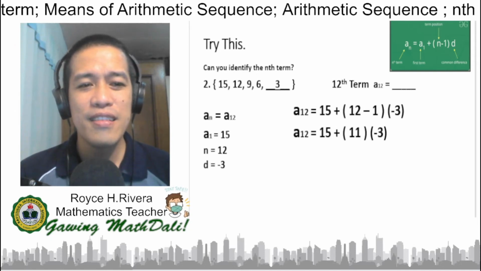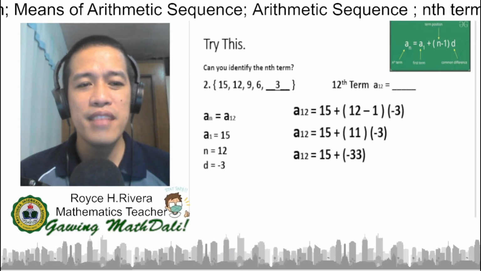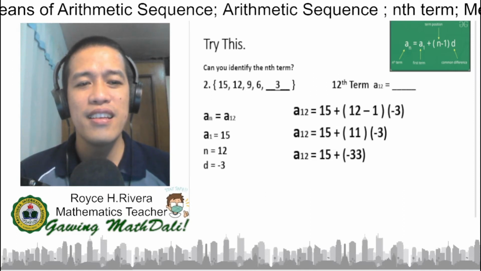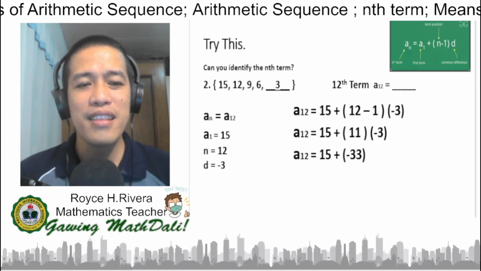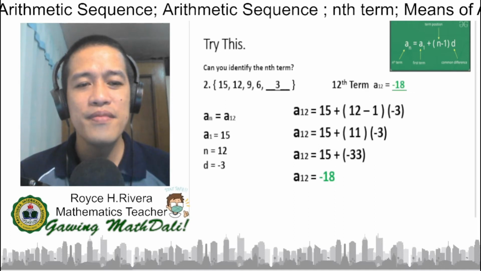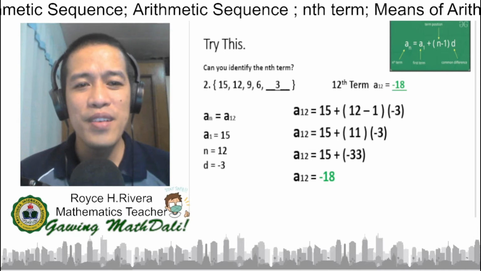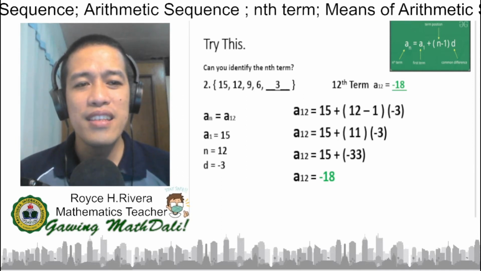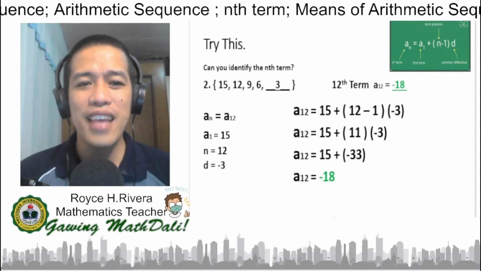Third line becomes a sub 12 equals 15 plus negative 33. And we add 15 by negative 33. The result will be negative 18. So if we continue to add negative 3 until we reach the 12th term, we will obtain negative 18.